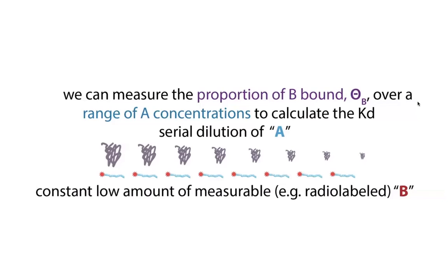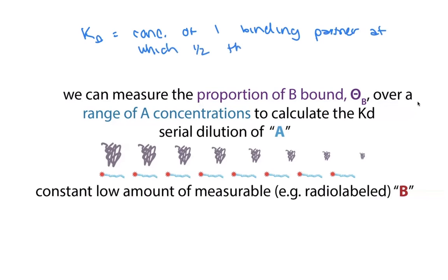So we said that we have that relationship where KD equals the concentration of one binding partner at which half the other is bound. And we'll look mathematically at why this is in a minute.